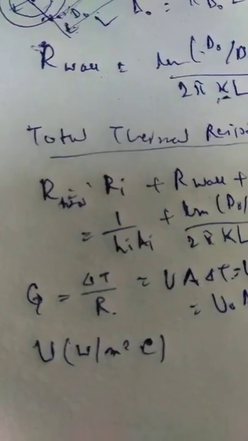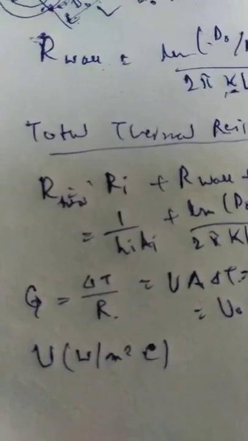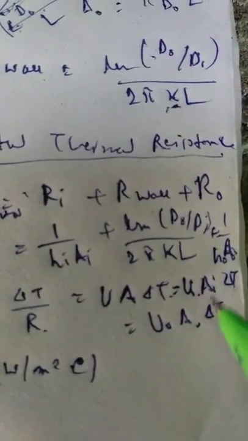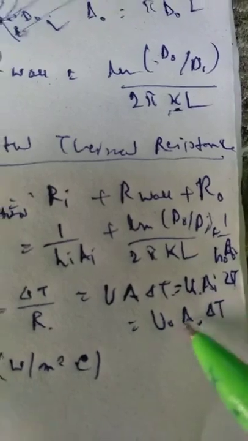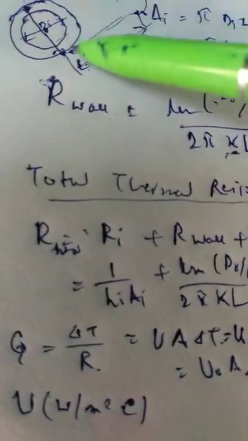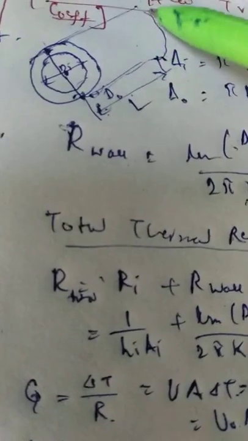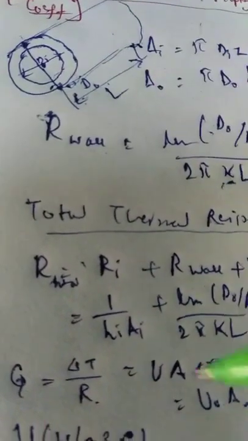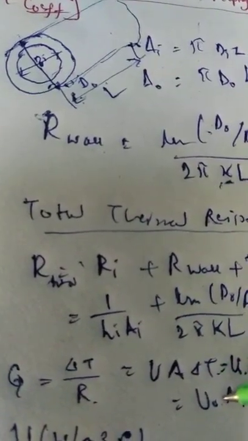Now for this heat exchanger, you can see that there are two overall heat transfer coefficients, UI and U naught. Why are there two types of overall heat transfer coefficient?